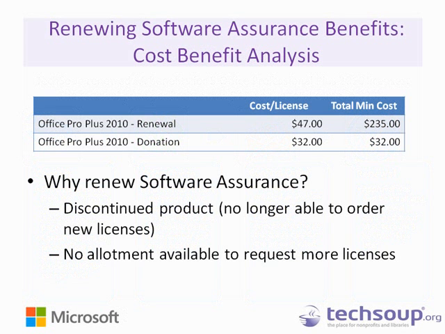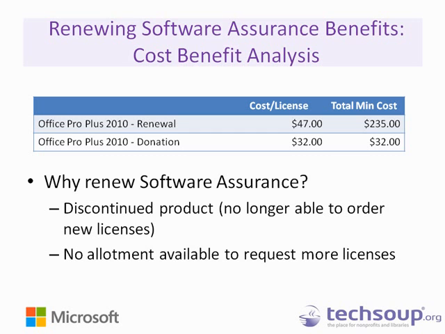Now, of course, there is a cost difference, and depending on how many licenses you want to renew and what the given situation is, you may want to go ahead with software assurance renewal, or you may want to just request new licenses, which would automatically give you another 2 years of software assurance. So again, it depends on your situation.